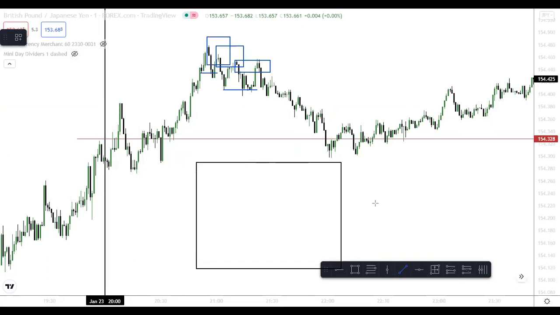Inside this range, we have an order block here at the high. Price trades low, creates a low, retraces off the low, then there's a stop hunt. Small breaking market structure, RTO, run back to this order block here. That's your trigger to enter.